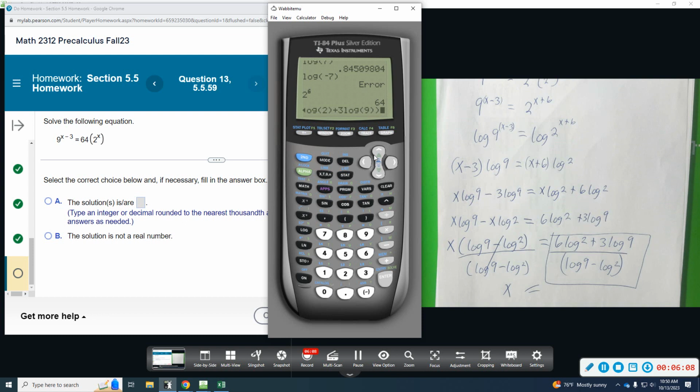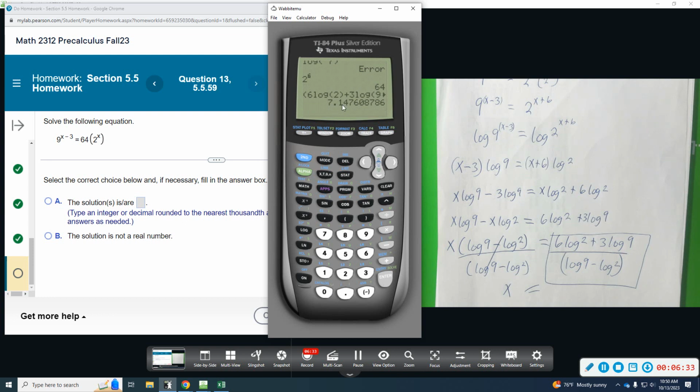You're going to close twice, so it ends the log and ends the parentheses. Then we're going to do divided by, and then log of 9 minus log of 2. Close twice.